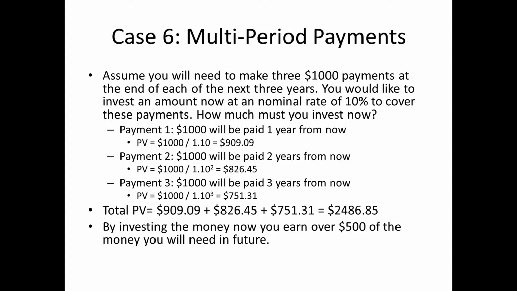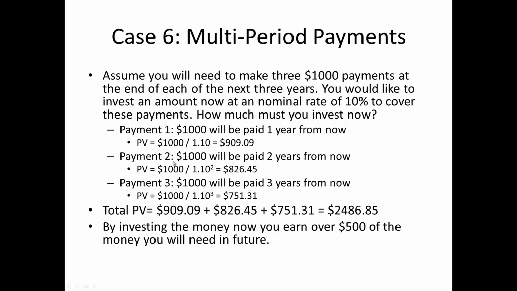So payment 1, this is the one that'll be paid a year from now. It's $1,000. If you discount it at 10%, it's $909.09. So if you put $909.09 in today, that'll be worth $1,000 at the end of the year, and you'll have that $1,000 to pay the first payment.